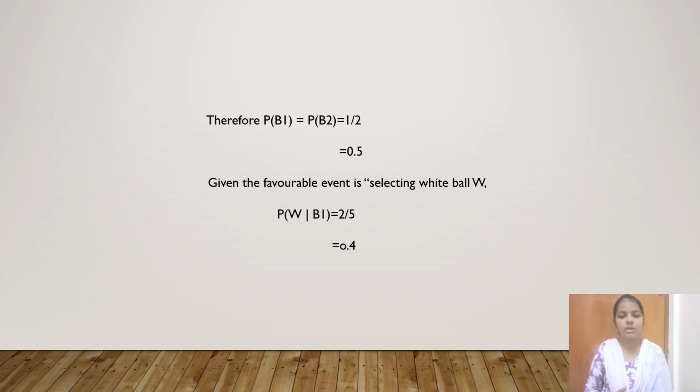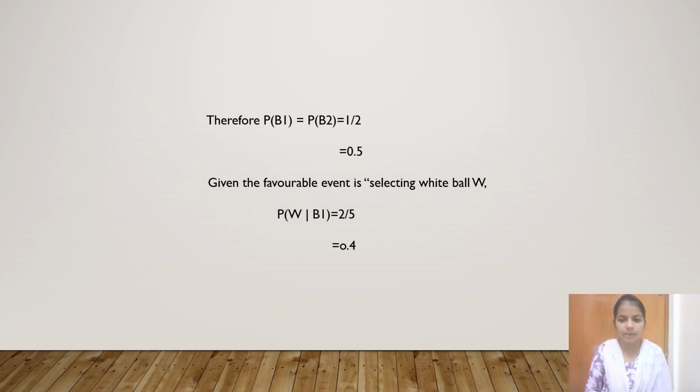They have asked us to find the probability of selecting a white ball. The favorable event is selecting a white ball, W. For that, P of W given Bn, where B1 is box 1. First, we have to calculate the probability of drawing a white ball from box 1.